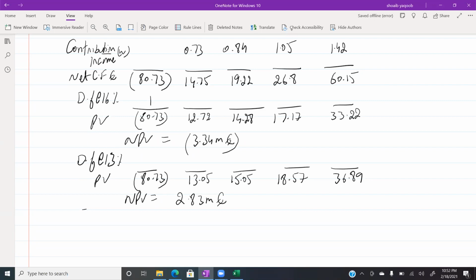Obviously, if you are using Excel, you can quickly solve these calculations. You just have to apply the NPV formula. You will select all these cash flows, then apply the discount rate. Exactly. You can simply solve that.